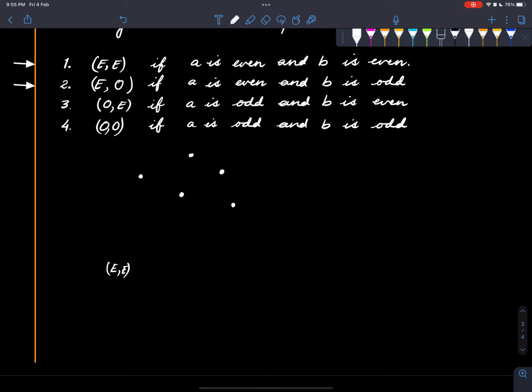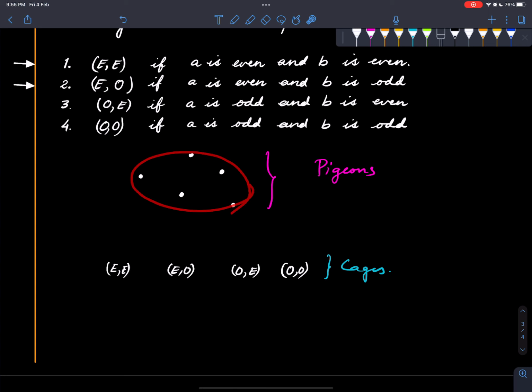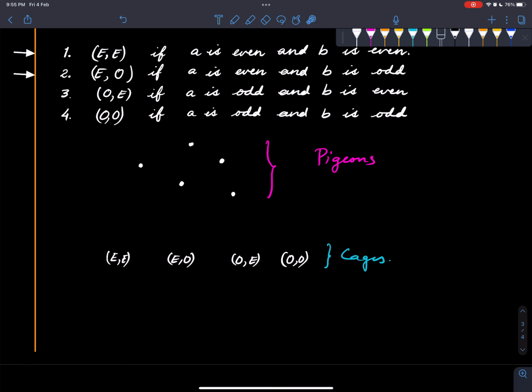Each point is exactly one of these types. So think of them as pigeons and think of them as cages. We have 5 pigeons and 4 cages, and every pigeon goes to some cage. So by the pigeonhole principle, 2 of these pigeons should go to the same cage.